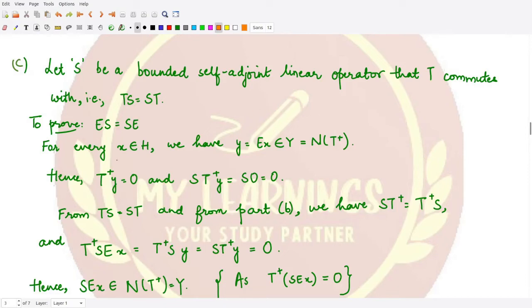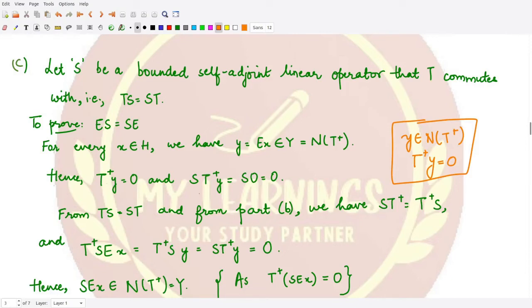So here for every x which is present in the Hilbert space, we have some y in the null space which we could write as Ex. So this is a member of capital Y, which is the null space of T positive, right? So if y belongs to the null space of T positive, that means when you apply T positive onto y, you would surely get 0. This is according to the definition of the null space, right? So T positive y is equal to 0.